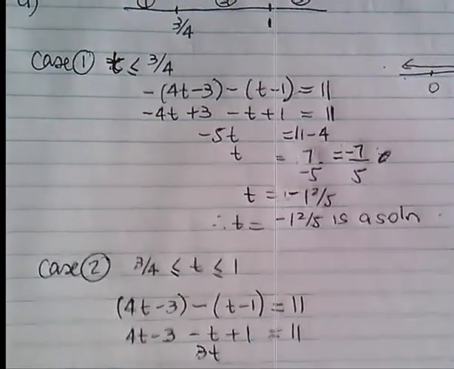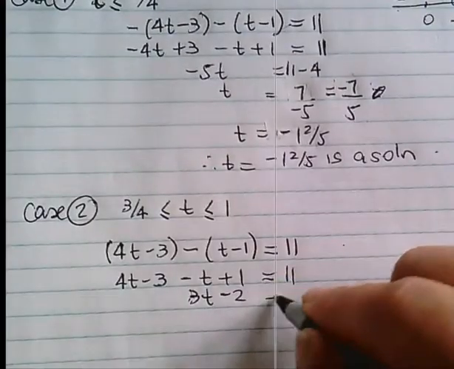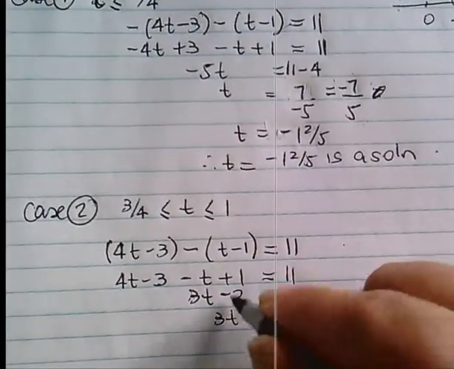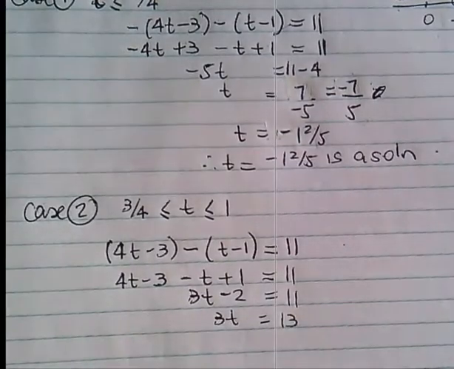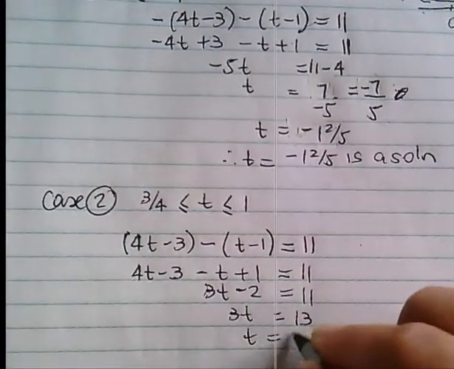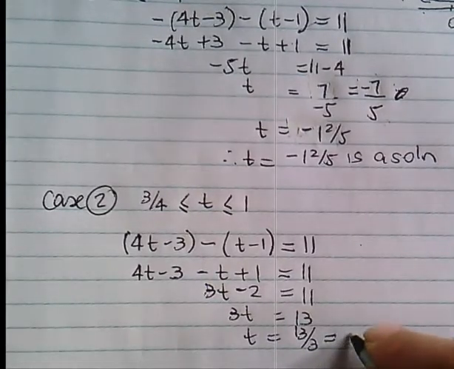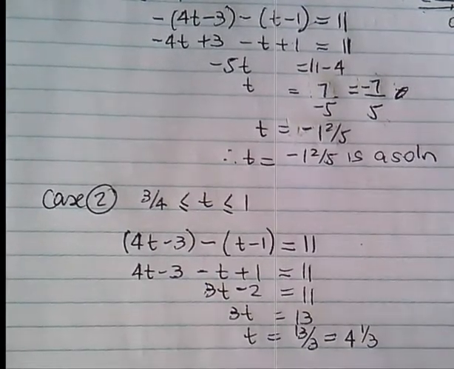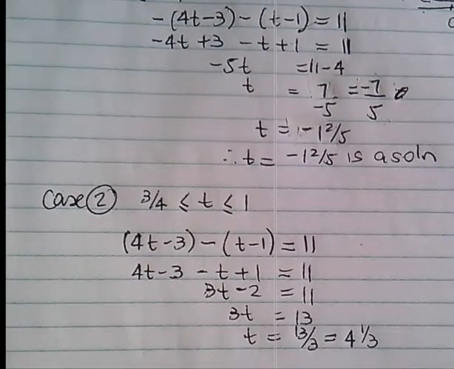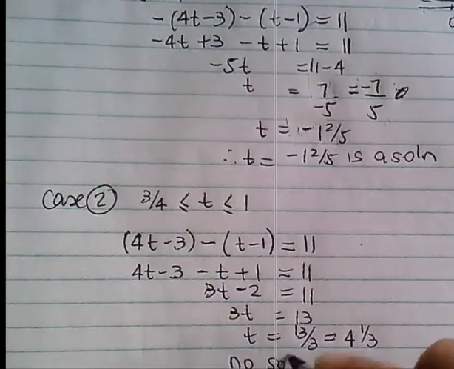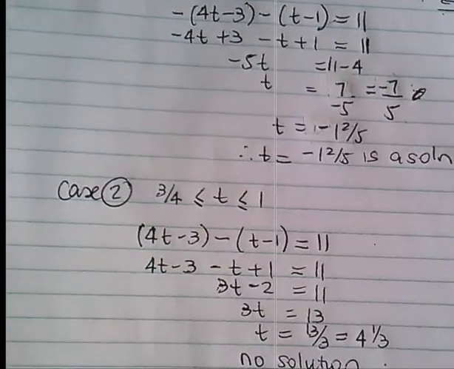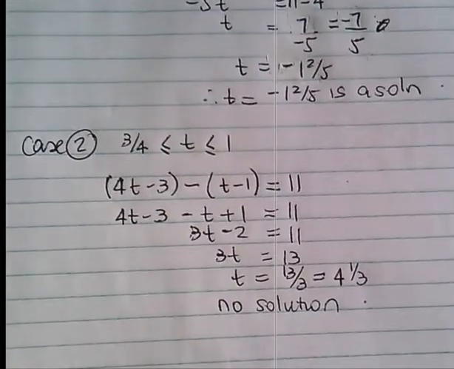We've got 3t minus 2 is 11. 3t is, so that's plus 2, that's 13. T is 13 over 3, which is bigger than 4, isn't it? 4 1/3. Does that fit between 3/4 and 1? No. No solution. No checking required.